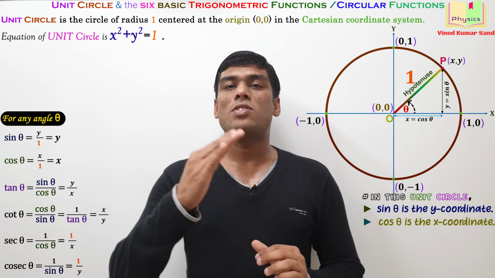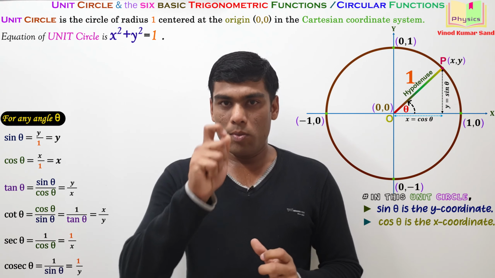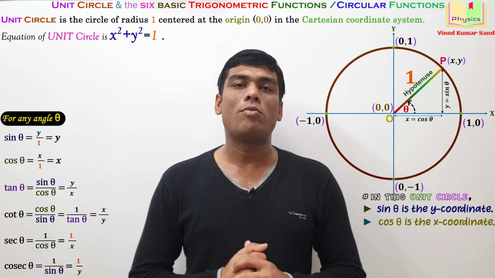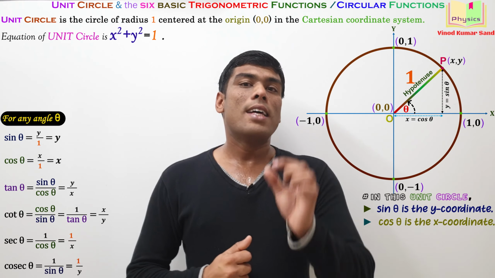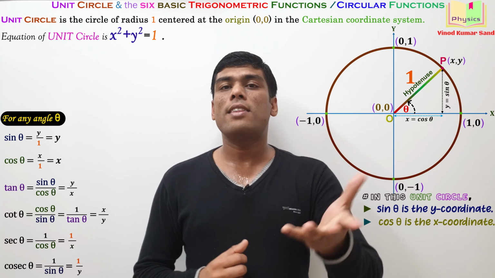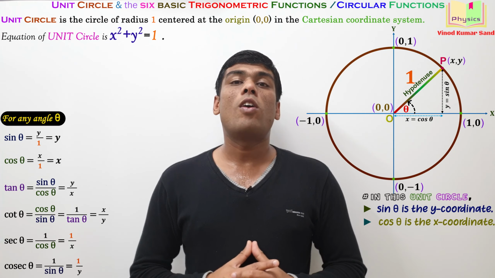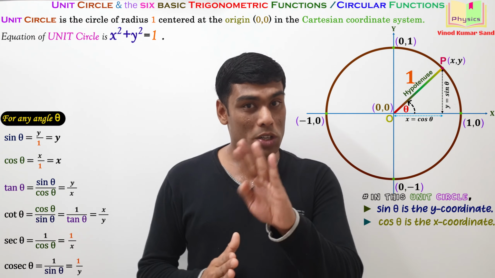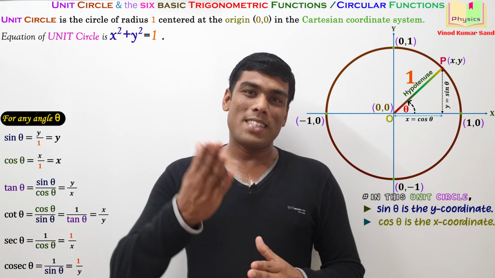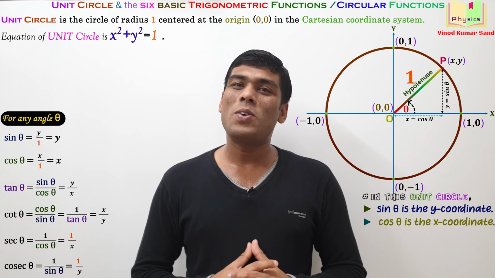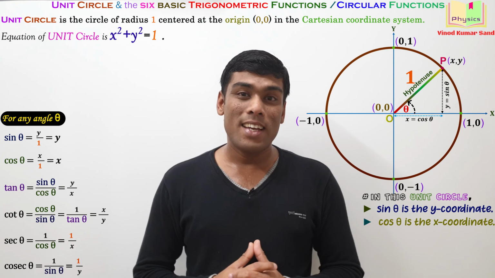If point P has the coordinates x and y, which is lying on the circumference of the circle, then x is indicating the value of cos theta and y is indicating the value of sine theta. So tan theta will be equal to sine theta by cos theta, means equal to y by x.